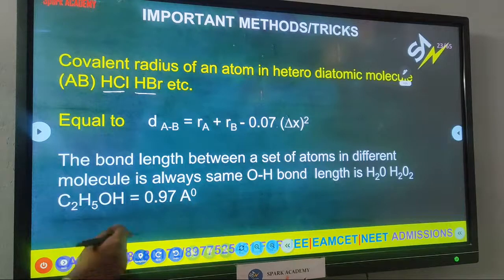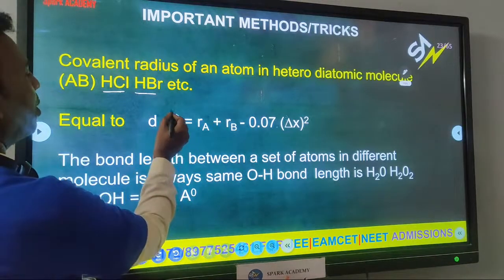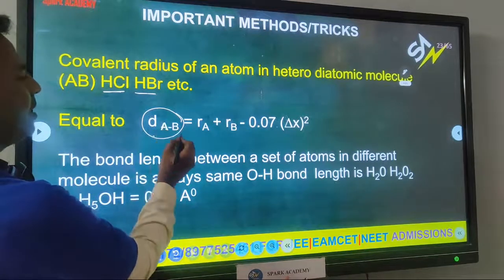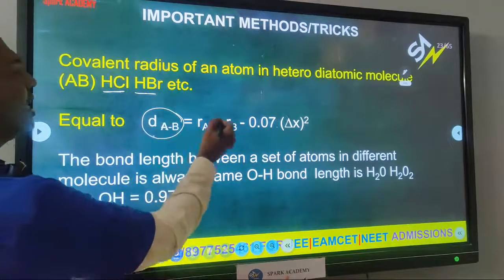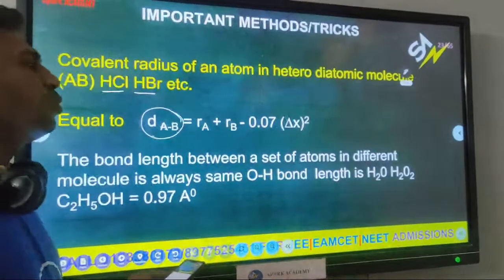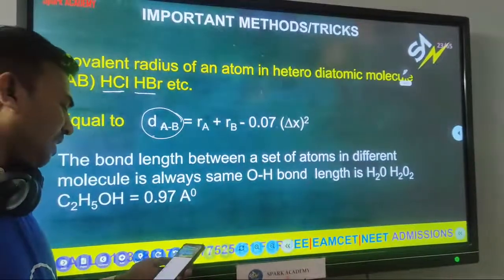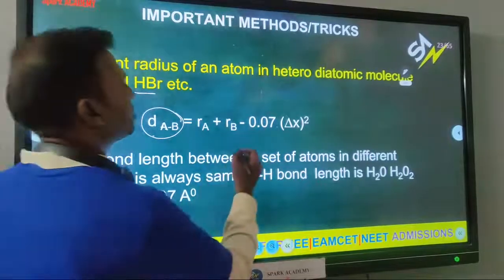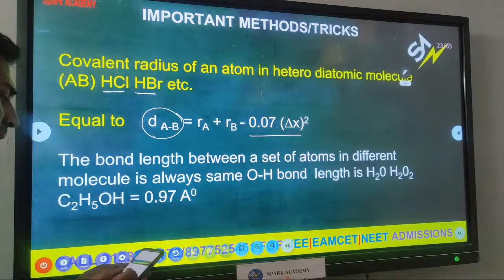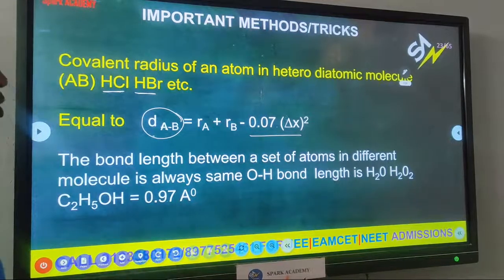For a heterodiatomic molecule, the bond distance AB is the radius of A plus the radius of B, total minus 0.07 delta x square. We use this value, then we will get the bond distance in the case of a heterodiatomic molecule. Clear?